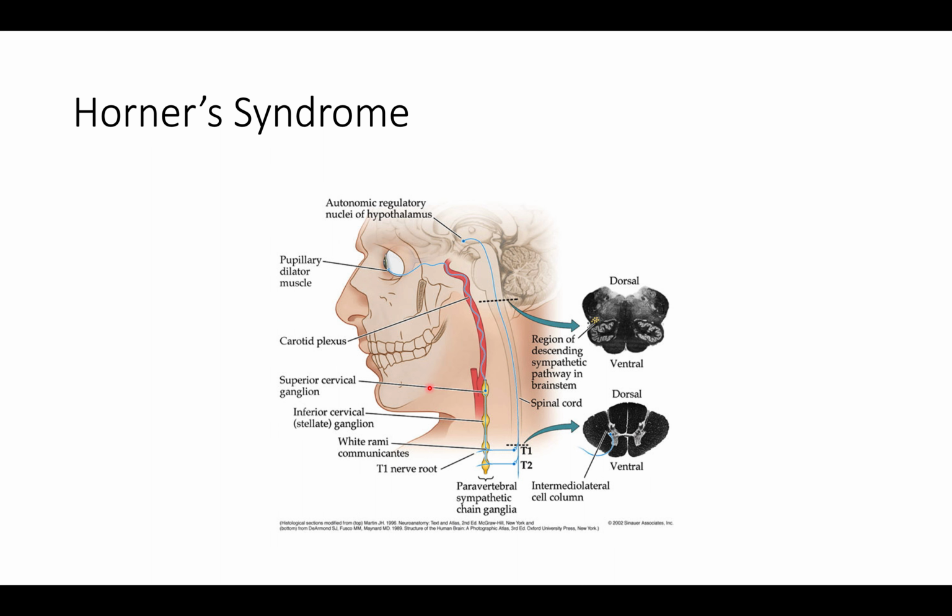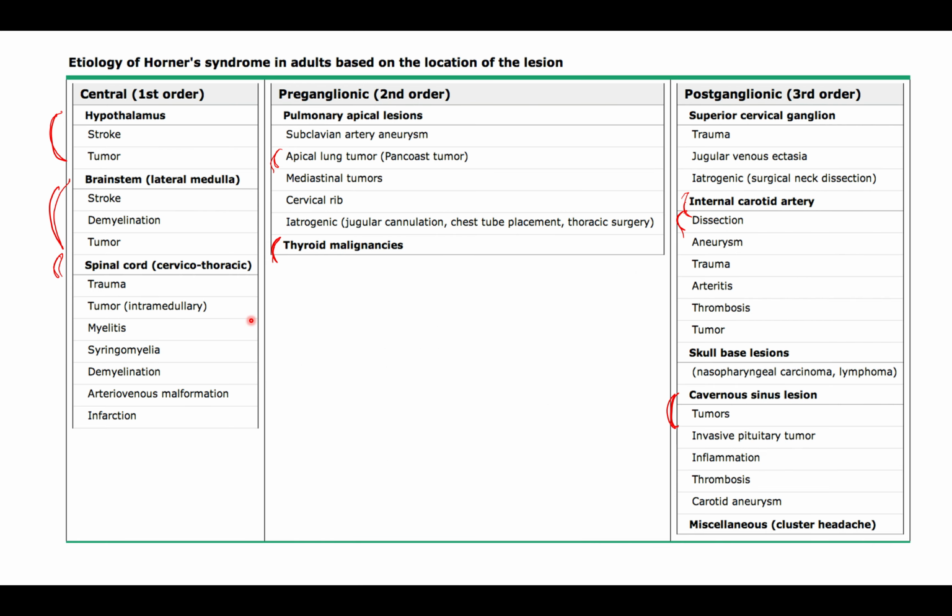Horner syndrome has many causes. It could be caused by carotid artery blockage or restriction, or sometimes by other causes. Here is the etiology of Horner syndrome in adults. For example, internal carotid artery dissection, aneurysm, or thrombosis may cause Horner syndrome.